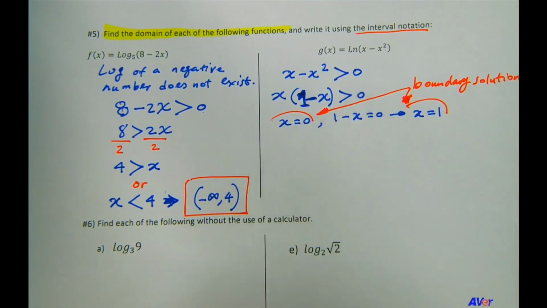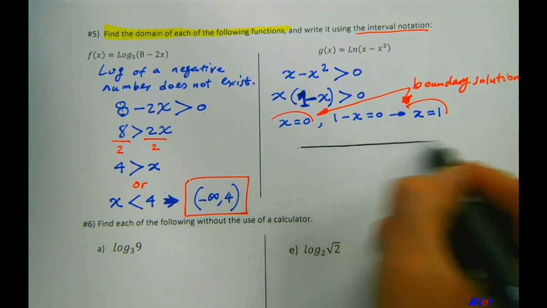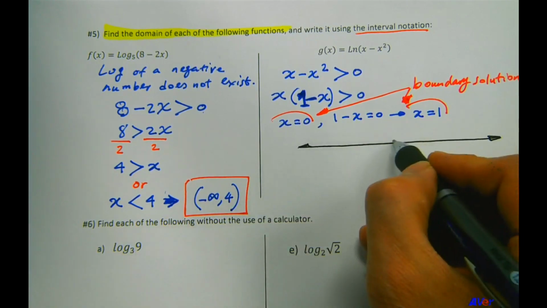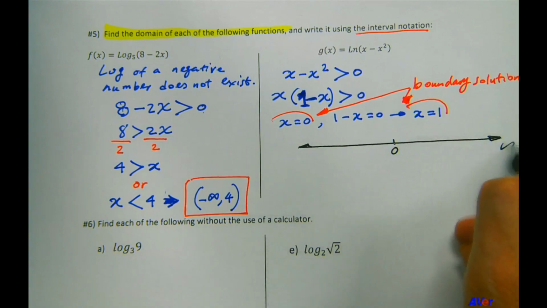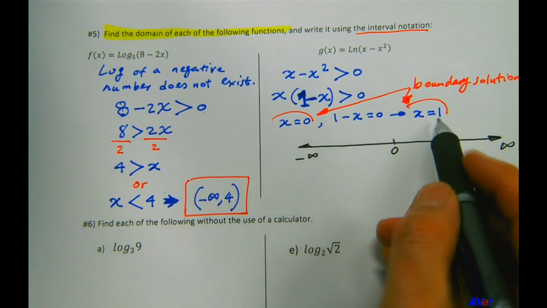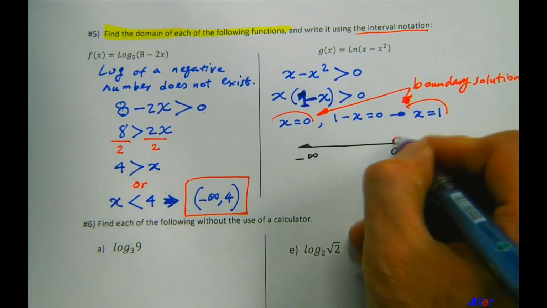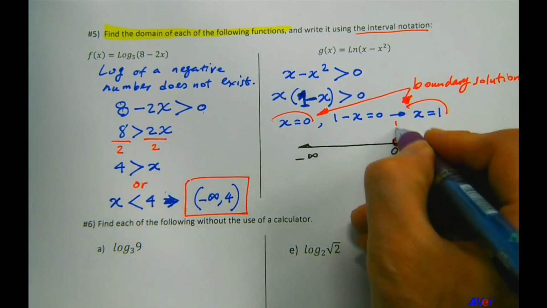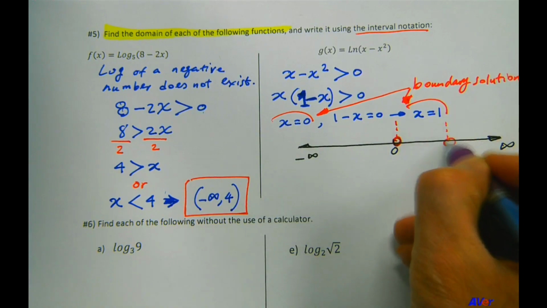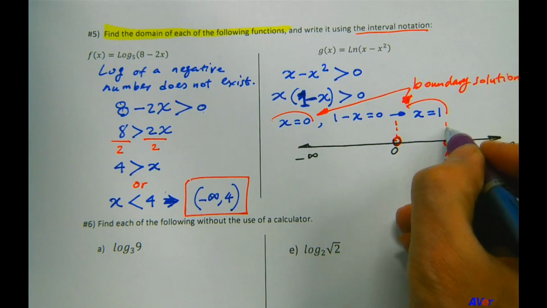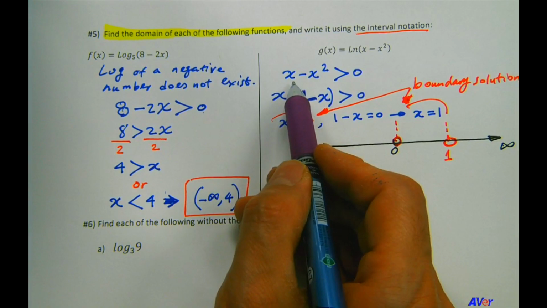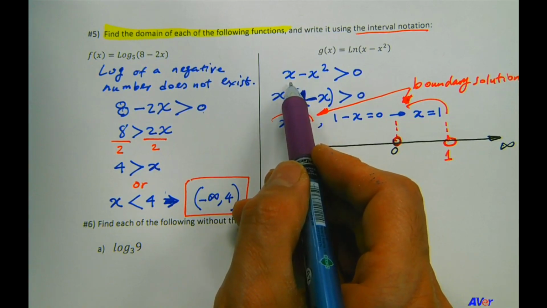Okay, so let's set up our real number line. So 0 and 1, we need to have a hollow circle there and a dashed line. So 0 and 1 cannot be part of the solution. But this is a quadratic inequality. We did talk about it a few lessons ago.